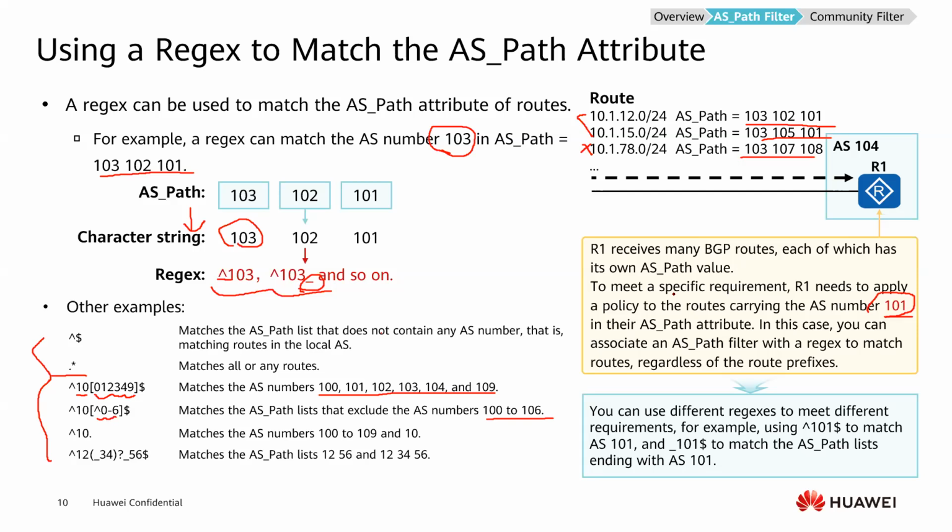For example, if you use this one, that means you only match AS 101, so none of them can meet this requirement. And third, if you use this regex, that means you need 101 to be the end of the string. So these two will meet this requirement. So you can use this to meet this requirement.